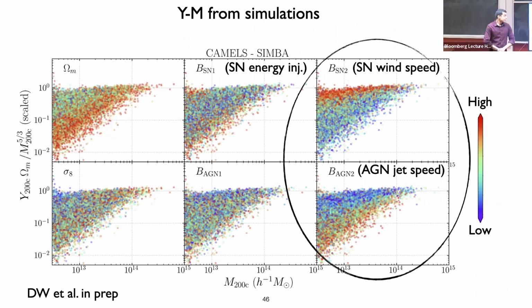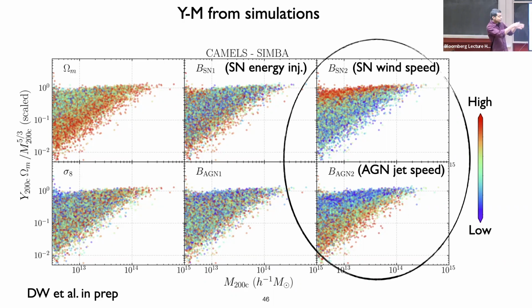So these CAMELS simulations have these different feedback parameters. We were trying to see what particular feedback parameters affect halos in this range. You can see on the right, I've highlighted these two cases which produce the biggest effect. If you increase the supernova wind speed, the relation actually goes back to the virial theorem relation. I think this happens because you heat the gas, it cannot form stars, and so it stays close to this virial theorem relation.